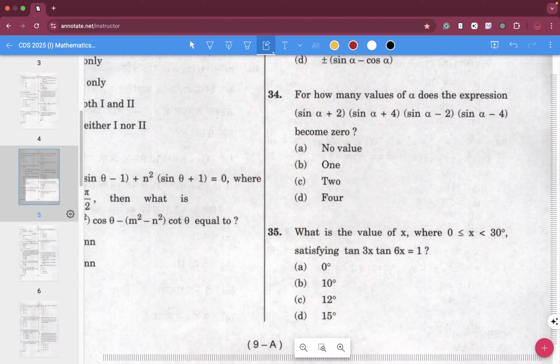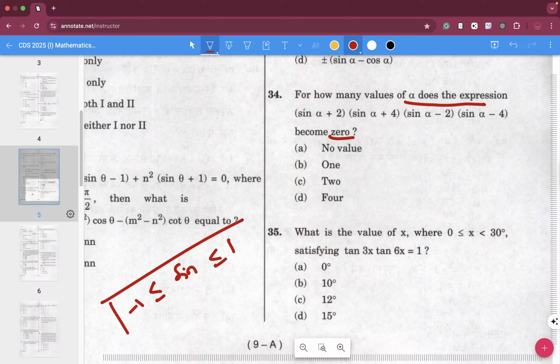Question number 34, folks. For how many values of alpha does the expression become 0, right? The hint is that sine values lie between minus 1 to 1, isn't it?